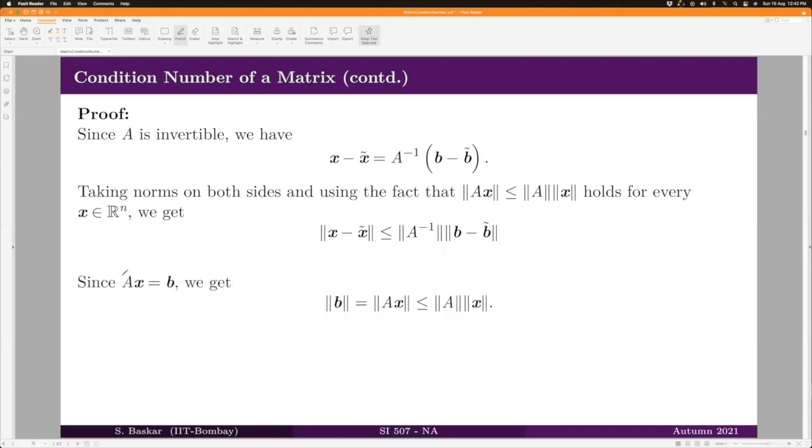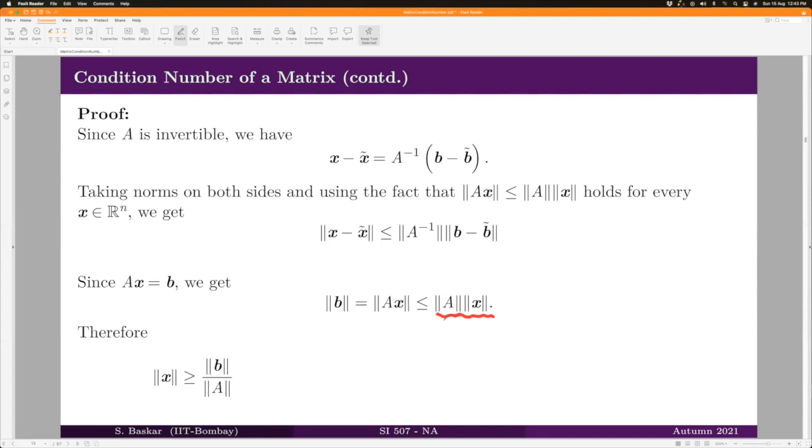For this, let us go back to our linear system Ax equal to b and take the norm on both sides. That is, norm b is equal to norm Ax, and again use our property of the subordinate norm. You can see how crucially we are using this property. Once you use this property, we get this inequality. Now from this inequality, we can write norm x greater than or equal to norm b divided by norm A, right?